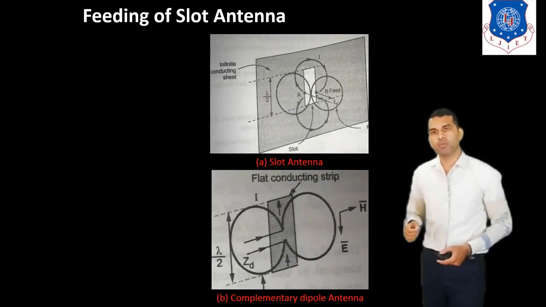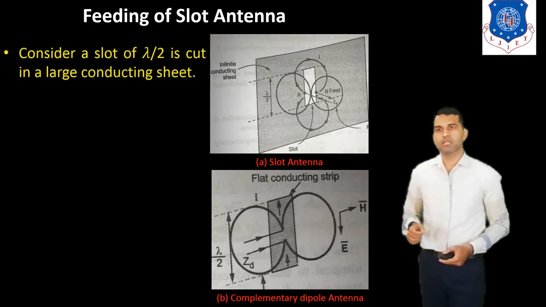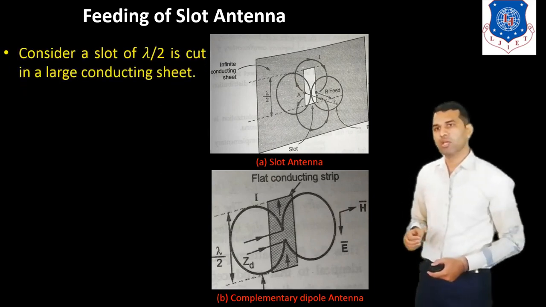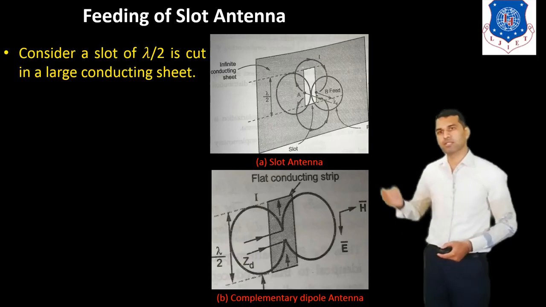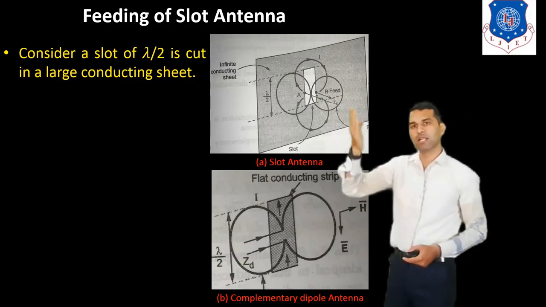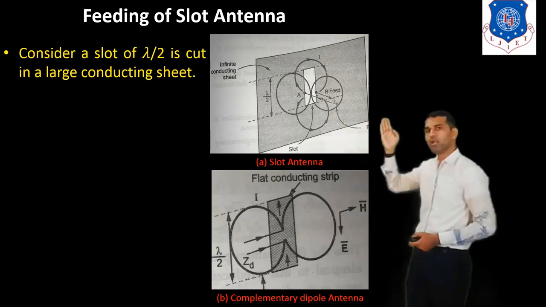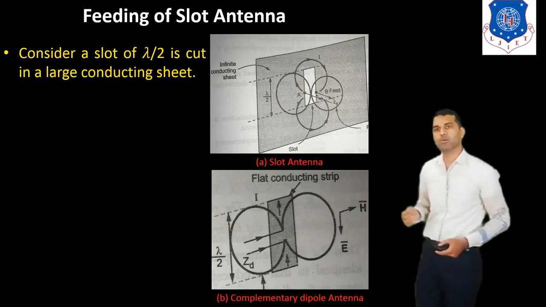Now we discuss the feeding of the slot antenna. Consider a slot of lambda by 2 cut in a large conducting sheet. Here in this figure, this is a large conducting sheet, and from this sheet we have cut a slot of lambda by 2.